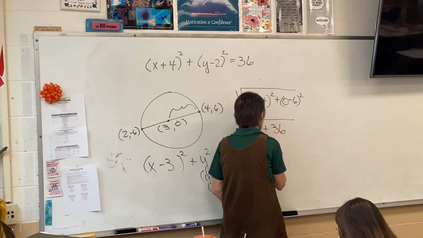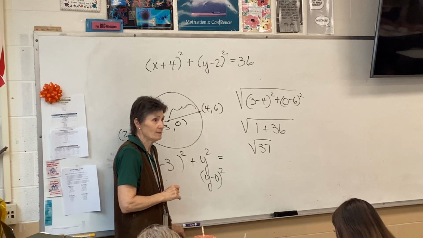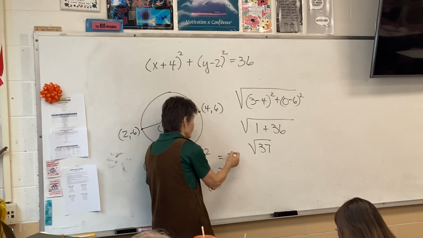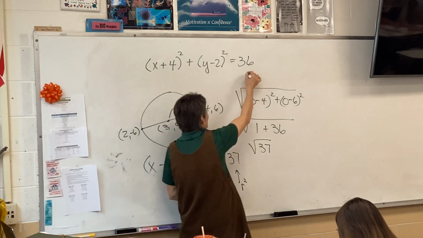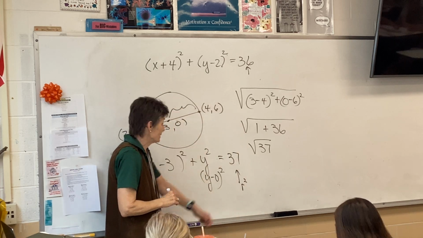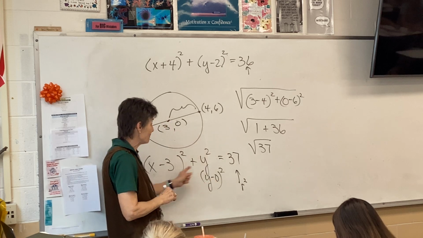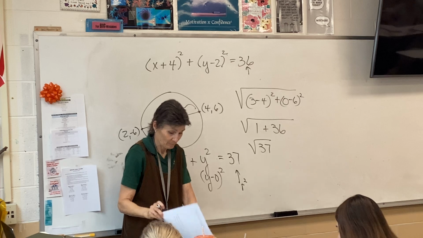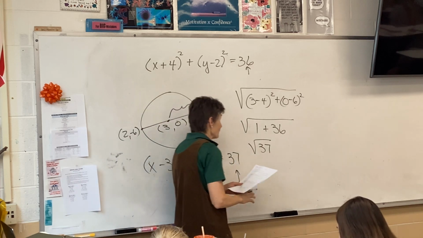So my radius is the square root of 37, which means the number that goes here is 37, because that number is r squared. Remember when you put 36 up here? That's r squared. This is r. So that's r squared. And there's the answer to the question. Alright?